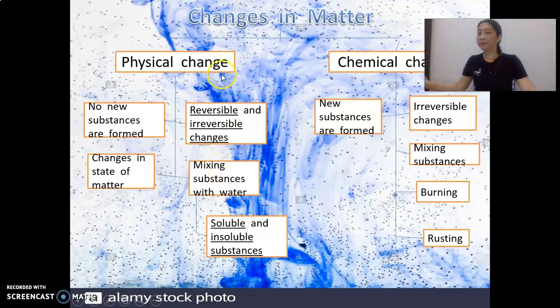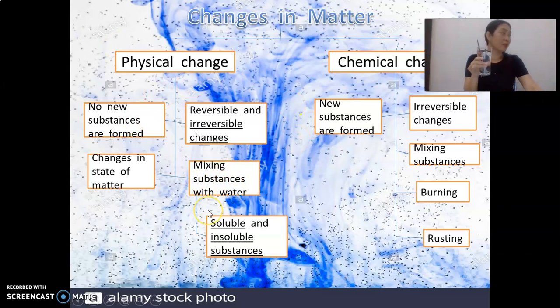Then physical change is always mixing substances with water. Then soluble substances and insoluble substances. So that is our topic for today. Again, reversible changes, irreversible changes. Mixing substances with water.